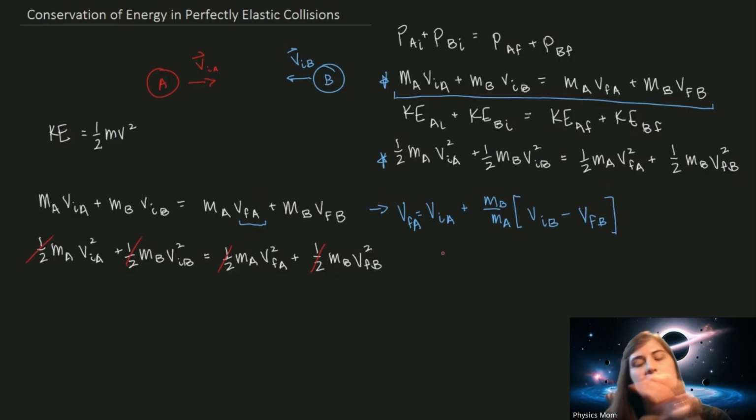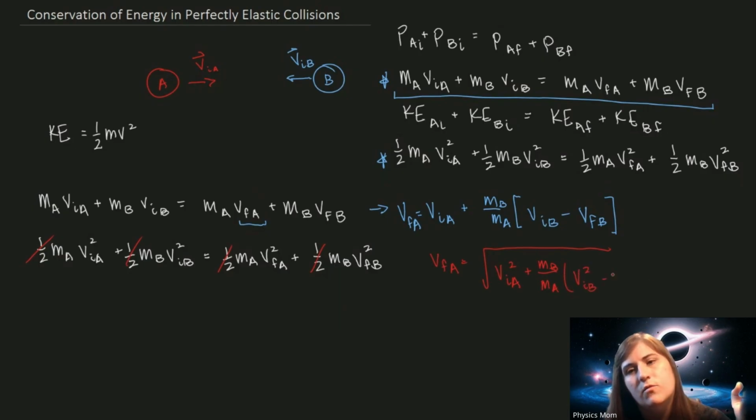If I manipulate, I get that the final velocity of A is equal to the square root of the initial velocity of A squared plus mass of B over mass of A times V initial of B squared minus V final of B squared. Again, I'm doing this kind of quick. And these two can be tricky to set and solve in one fluid equation.